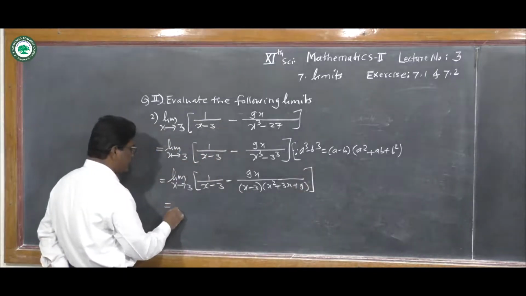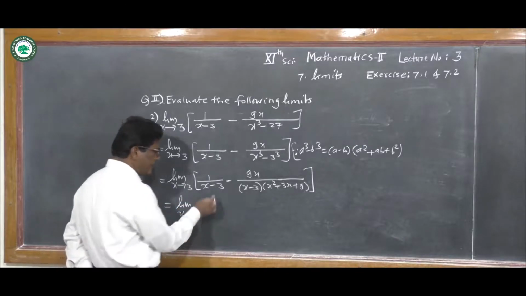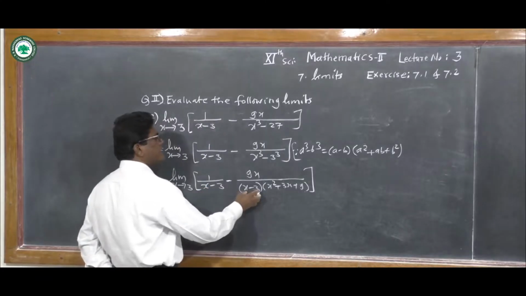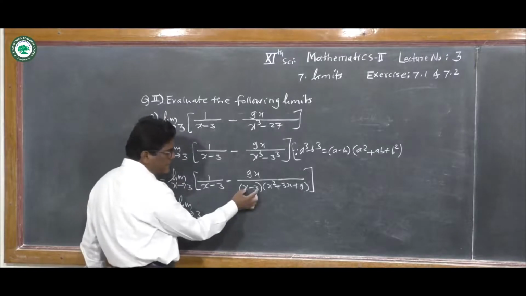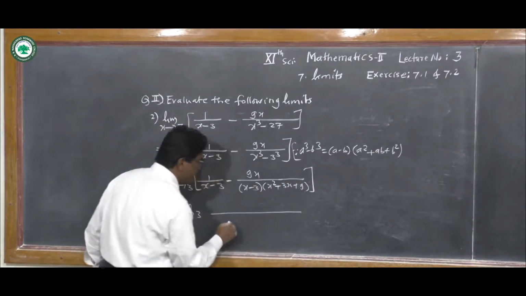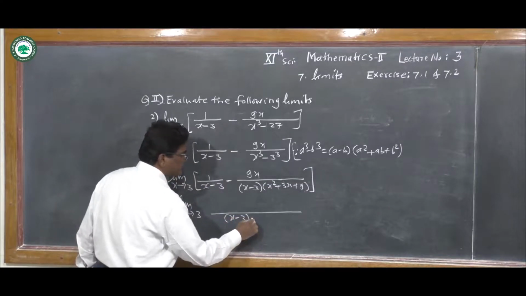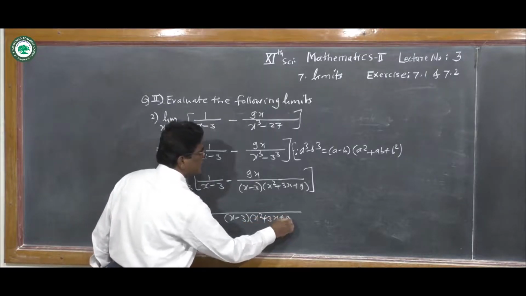So it is equal to limit as x tends to 3. We take here LCM of this x minus 3 and x minus 3 into x square plus 3x plus 9. So LCM is x minus 3 into x square plus 3x plus 9. We write here denominator as x minus 3 into x square plus 3x plus 9.